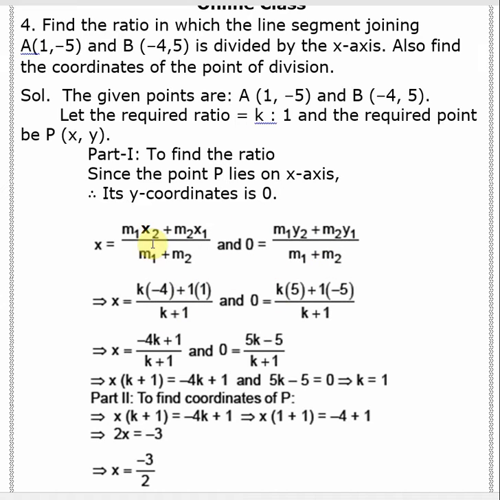So if we put all the values just like previous sums, then you will get something like this. Now for the one where 0 equals something, we can find the k value first. So k is first found from the y coordinate calculation, k is found to be 1. That k is put in the x coordinate calculation.